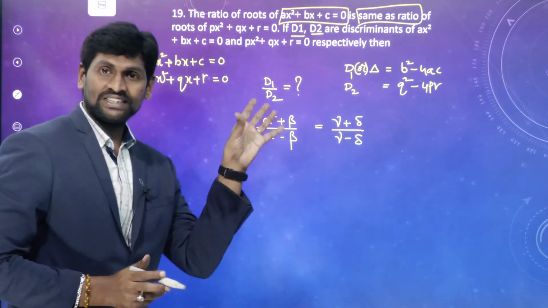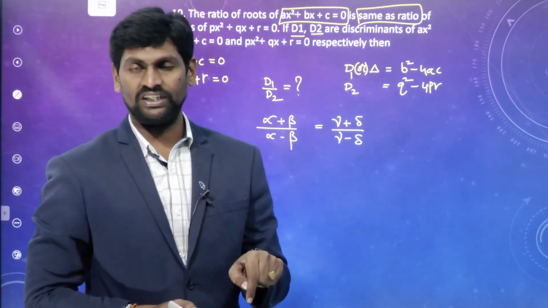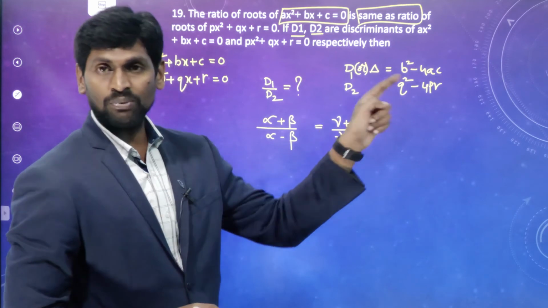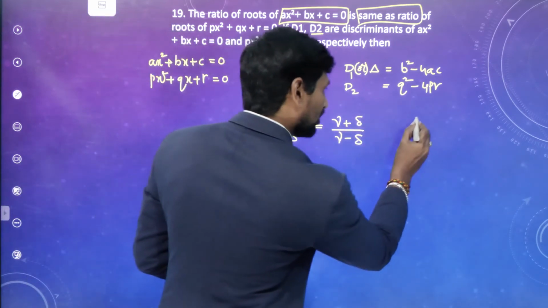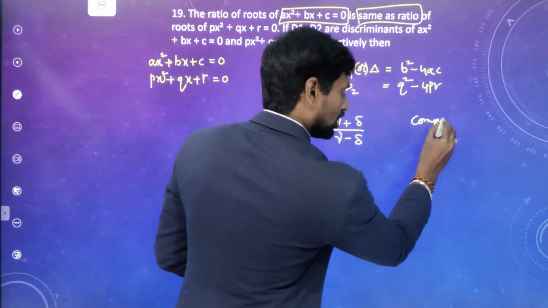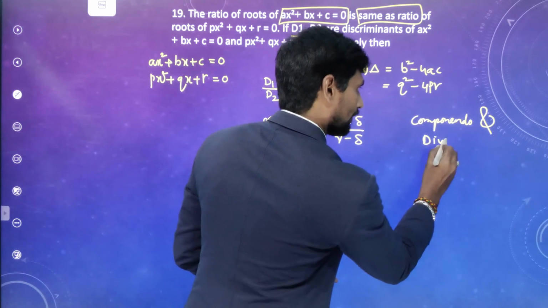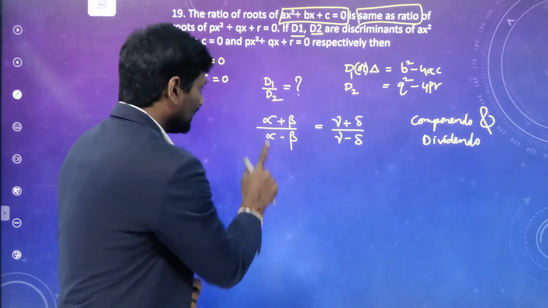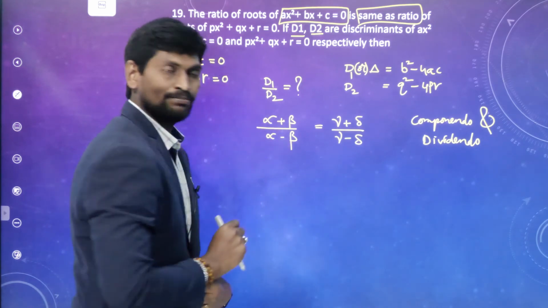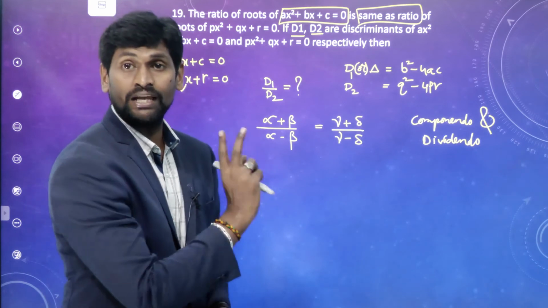For example, for the first equation I have taken alpha, beta as roots. Ratio means alpha by beta. For the second equation, gamma, delta, its ratio means gamma by delta. By the componendo and dividendo rule, I can take alpha plus beta by alpha minus beta, gamma plus delta by gamma minus delta also gives the same ratio.